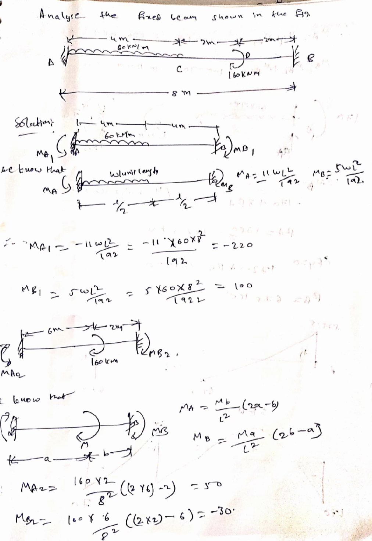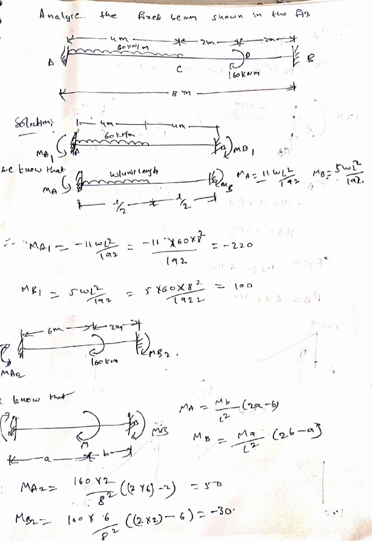MA1 and MB1. We already know that when a fixed beam is subjected to UDL on half of the span, we have a formula for the fixed end moments: MA equal to 11 WL square by 192, MB equal to 5 WL square by 192.